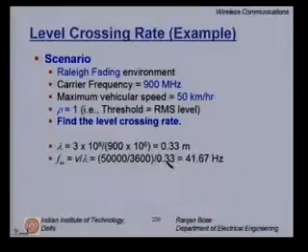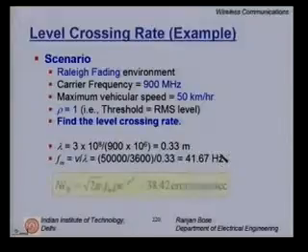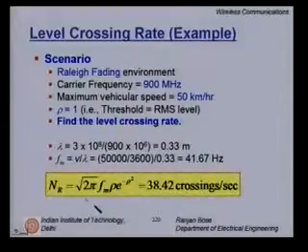So, V over lambda gives me 41.67 hertz. This is the maximum Doppler shift. Now, at this stage we can quickly put these values in this equation, square root of 2 pi fm rho e raised to the minus rho squared, and we get 38.42 crossings per second.